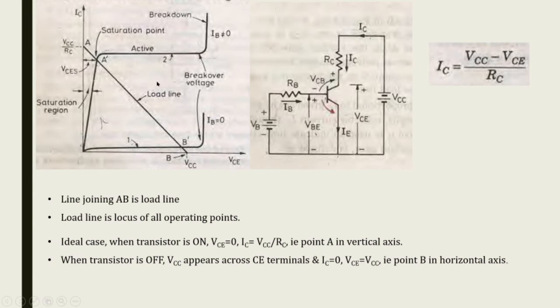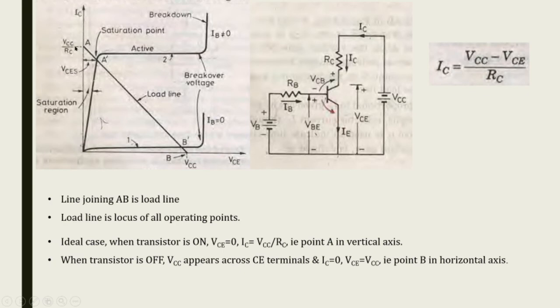In the ideal case, we know that VCE will be 0. In the ideal case VCE will be 0, the initial voltage drop will be 0. So in that case, IC will be VCC by RC.